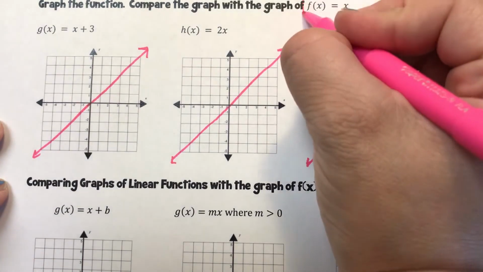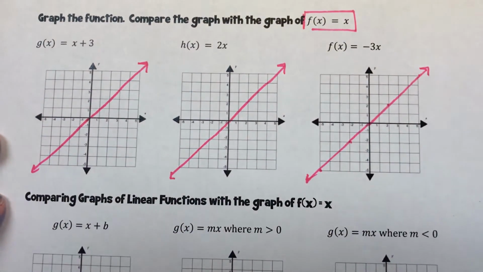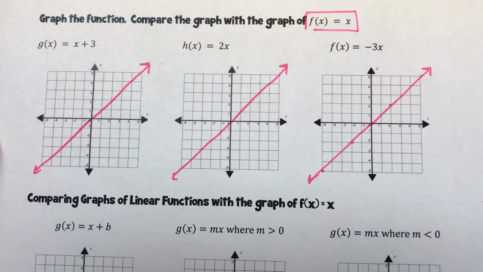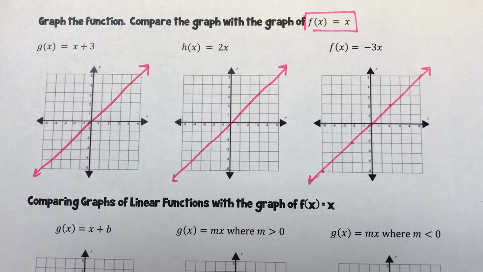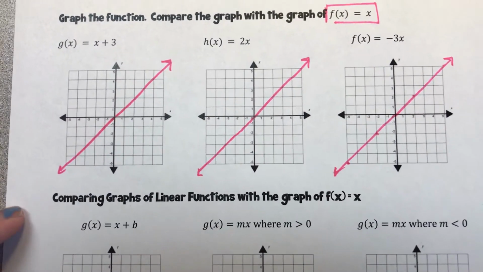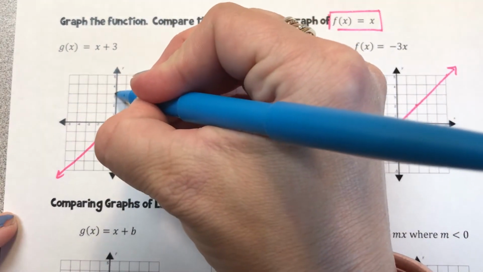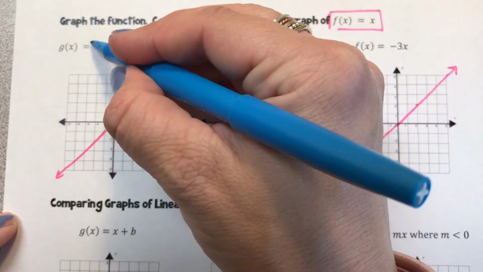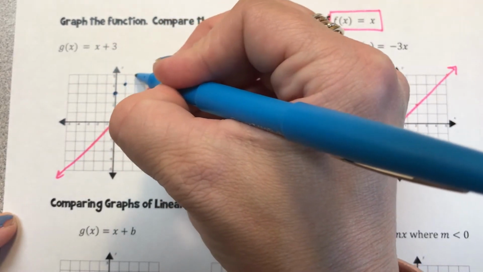Okay, so I just graphed in pink f of x equals x on all of those. Okay, so now I'm going to graph on this first one, g of x equals x plus 3. Okay, so I know I'm going to start at the y-intercept of 3, and the slope is 1. Rise 1, run 1. Rise 1, run 1.